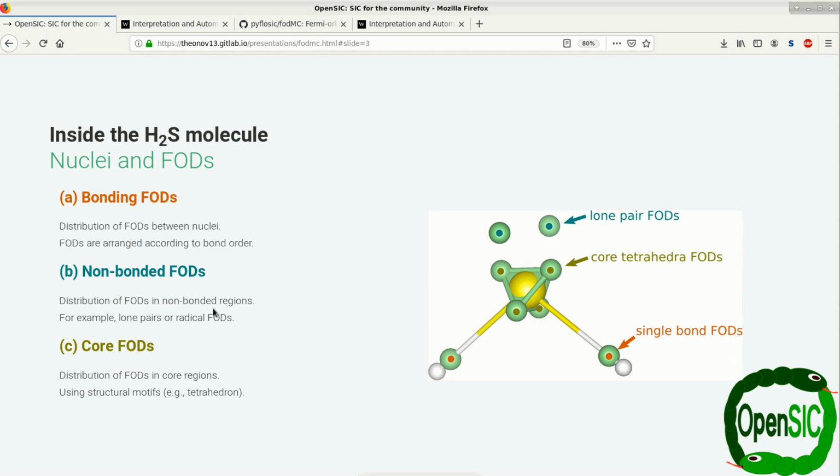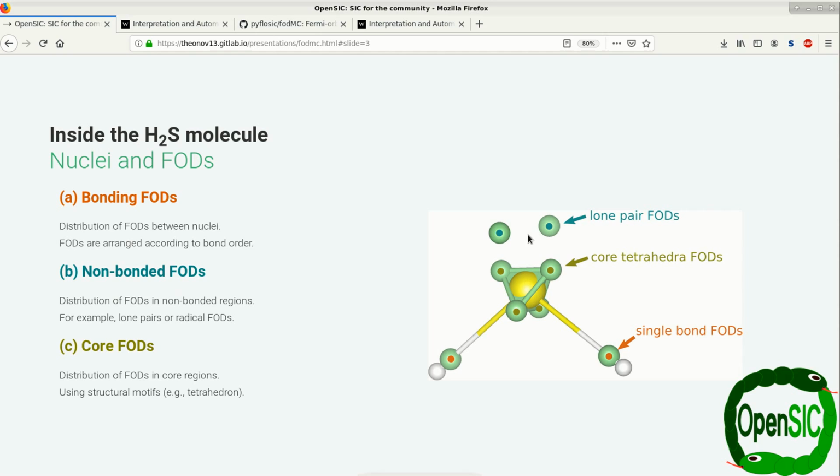After generating the bond FODs, the fodMC continues to generate the non-bonded FODs, that is, the FODs in the non-bonded region, which are typically the lone pairs and the radicals. In our example, we have two pairs of up and down FODs in the non-bonded region for sulfur, corresponding to the two lone pairs. The generation of these lone FODs is similar to the one of the bond FODs.